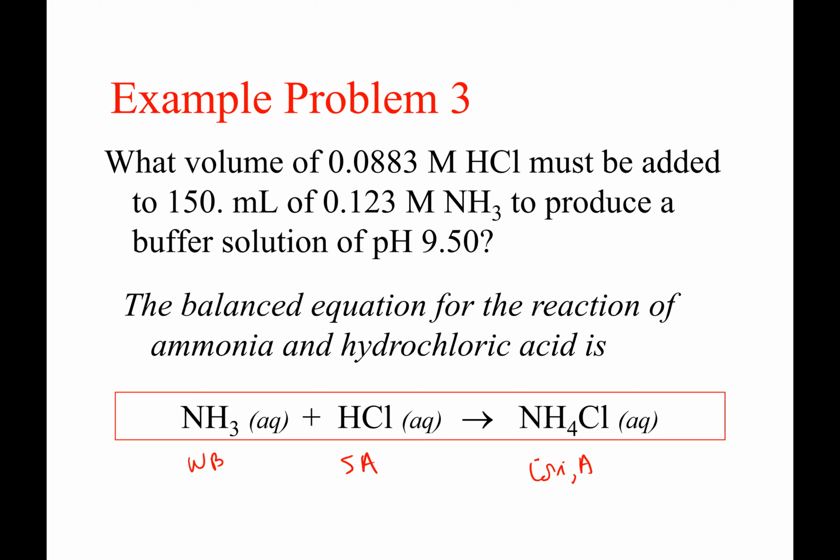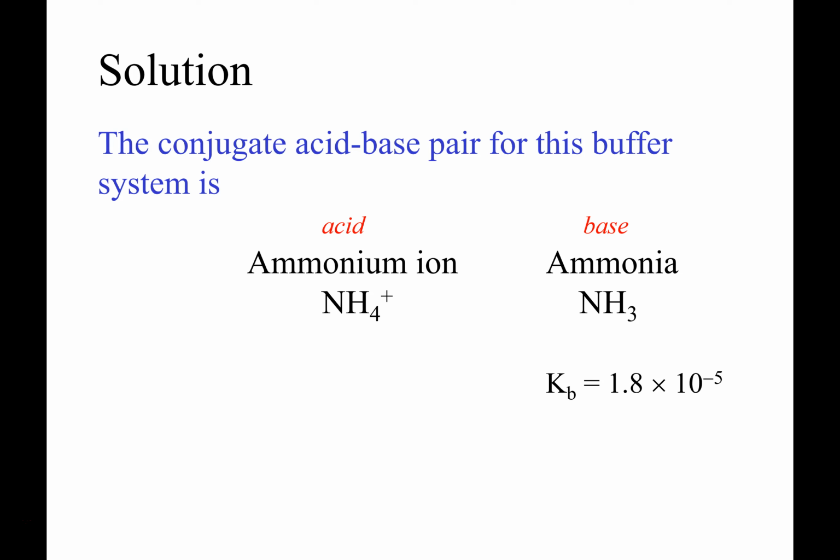So you can see on the next slide, one of the things I need for my Henderson-Hasselbalch equation is the pKa. This is the one where I complained the other day, why do we keep doing this? And I told you this was coming. You're not going to find a Ka for NH4 plus. You will find a Kb for NH3. So this is where we have to reverse engineer it. We know that Ka times Kb is equal to Kw.